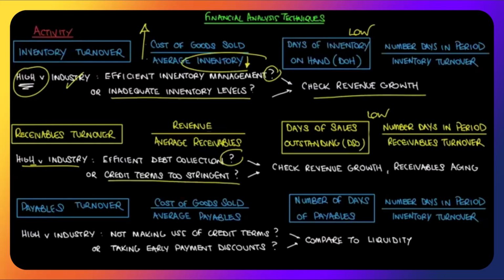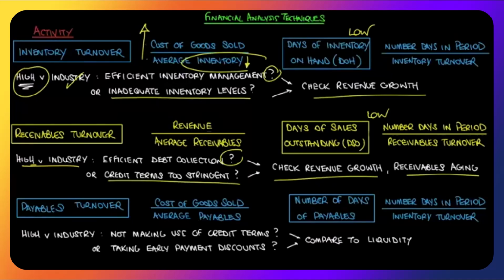If I am, I may well be missing out on revenue. Again, check the revenue growth. A good way of tempting customers to buy from you is obviously to give them more generous terms, allow them longer to pay you. So check revenue growth and a receivables aging schedule. See how old your debt is. If your debt starts to drift into older categories, that could be a worry.